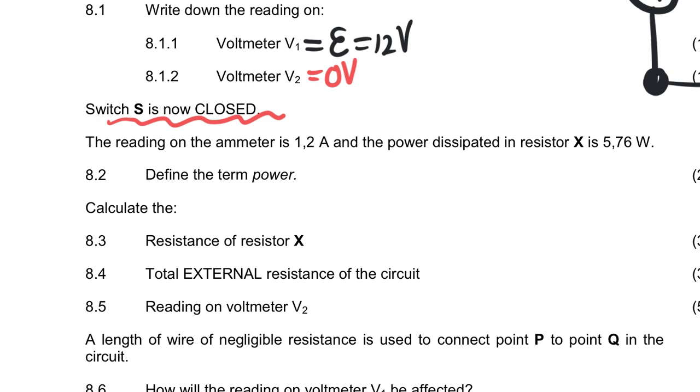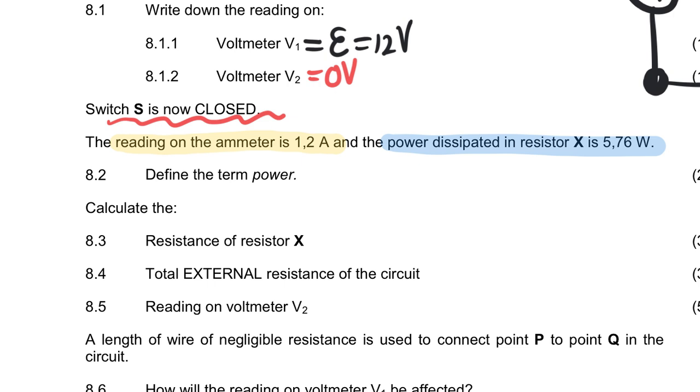So now we are asked, what is the definition of power? Remember, power is the rate at which work is done or the rate at which energy is transferred. That is a standard definition. They tell us that the reading on the ammeter is 1,2 amperes, and the power dissipated in resistor X is 5,76 watts.